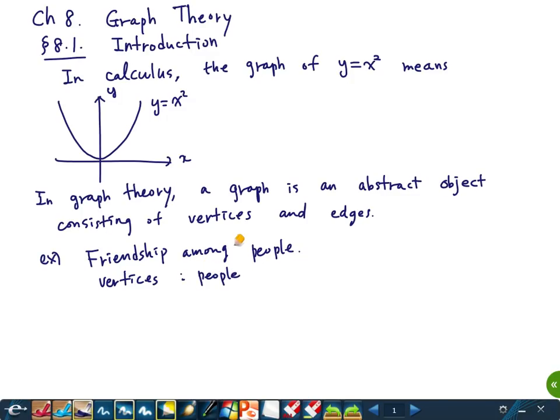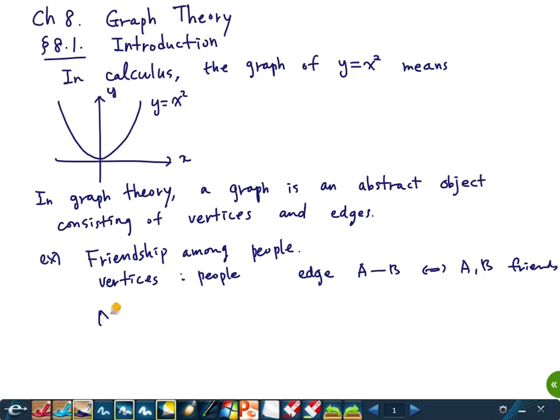So vertices are kind of separated objects like dots, and an edge connects two dots, or two vertices. Let's say an edge is always between two vertices, so an edge between two vertices A, B, like this, if A, B are friends of each other.